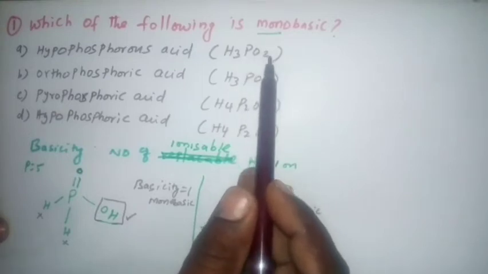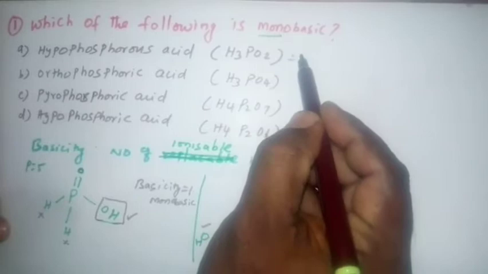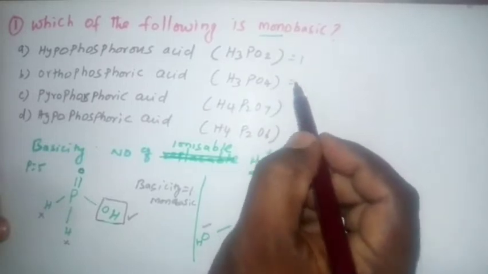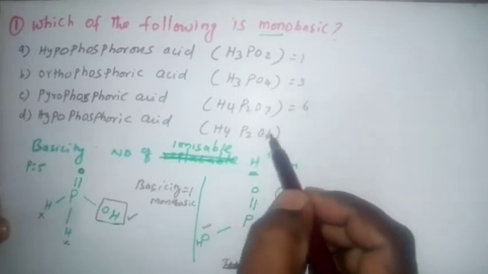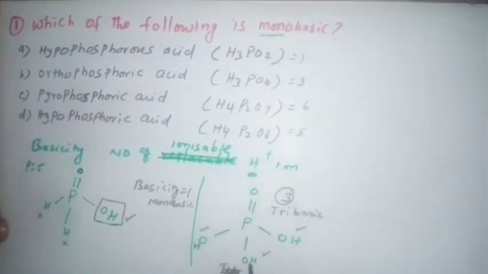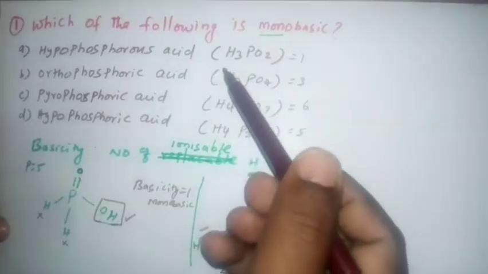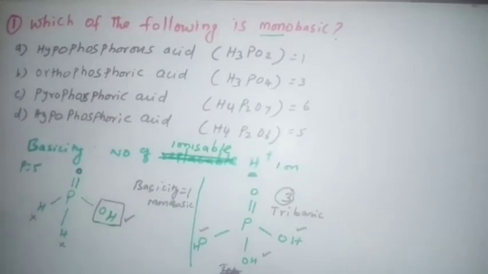So here 2 oxygen atoms, so basicity is 1. Here 4 oxygen atoms, basicity will be 3. Here 7 oxygen atoms, basicity will be 6. Here it will be 5. You can also draw the structure and count how many hydrogen ions can be ionizable. According to that you can tick your answer. Clear? Hope you understood question number 1.